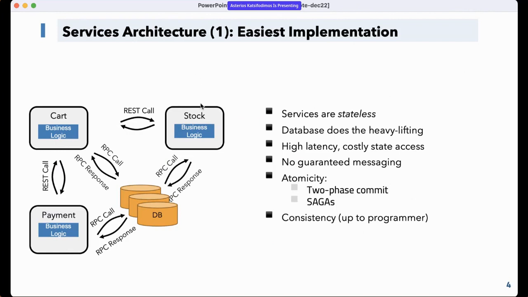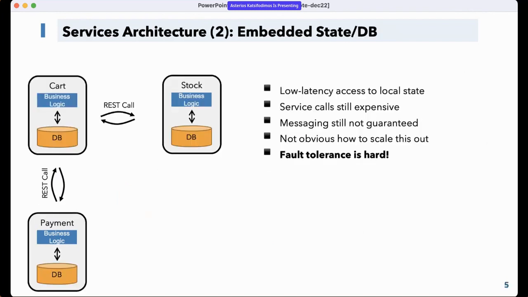In the stock, you will put back the count of the items inside the database. Now, the consistency of this system is going to be very bad because it's up to the programmer. And whenever people tried that since the 70s and up until today, it didn't go so well.